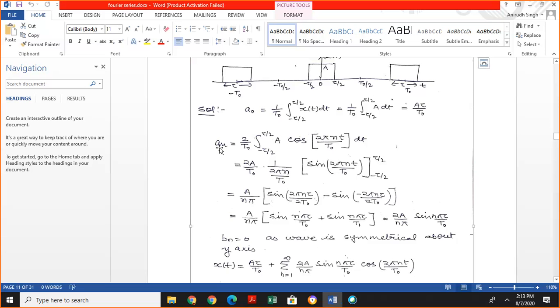Then we calculate the value of An. The value of An is given by 2 by T naught, integration from minus tau by 2 to tau by 2 of A cos 2 pi n t divided by T naught dt. This A is constant, so we integrate this.